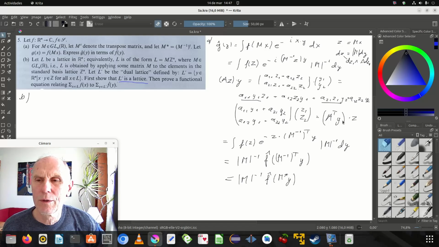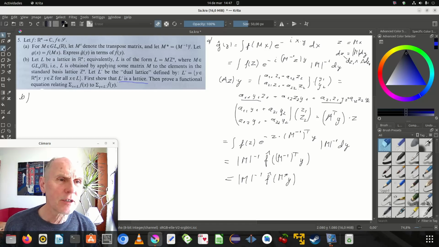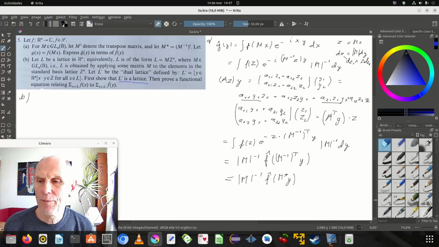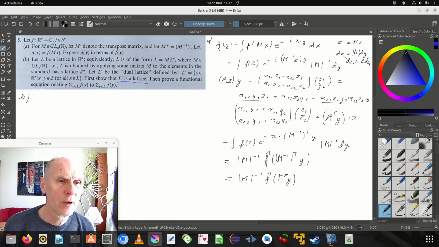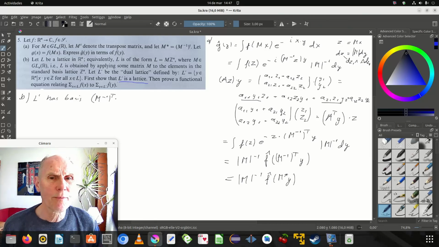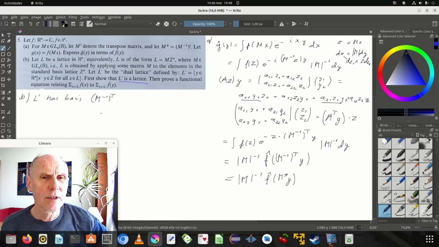So what we get by applying that is that the basis is called L mark, yes. And it's still M transpose. It was the other way around, but they commute.